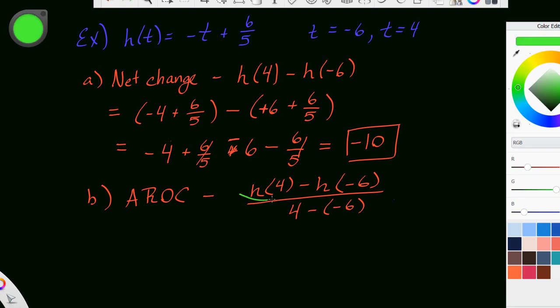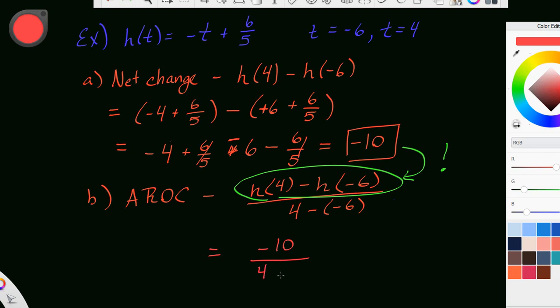So we can just replace that top part with the negative 10. We don't have to do it again. So we're going to have negative 10 divided by that bottom part, which would be 4 plus 6, which is just 10. So negative 10 divided by 10 is going to give us a negative 1 for our answer.